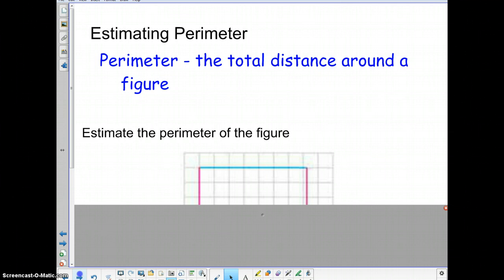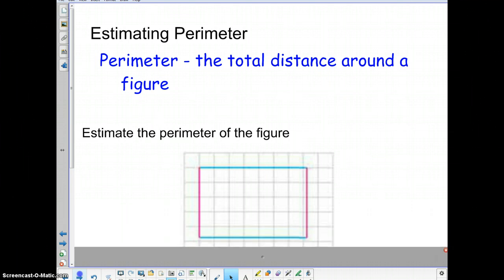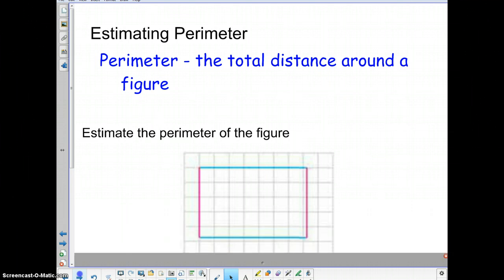So if we were to estimate the perimeter around the figure here, we would take a look, and just by using the grid, we would understand that it's 1, 2, 3, 4, 5, 6, 7 units long, and 1, 2, 3, 4, 5 units wide.